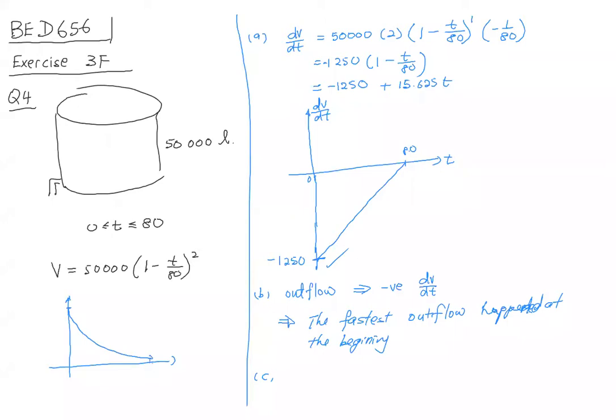And at 80, it becomes 0. So it goes like that. This is your V-t graph. Then at 80, it stops. So the whole thing becomes empty. So you see, the steepest tangent happens at the beginning. Are you clear? So this graph helps you to do so. Is that okay?